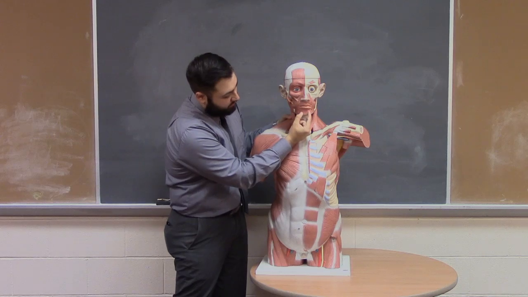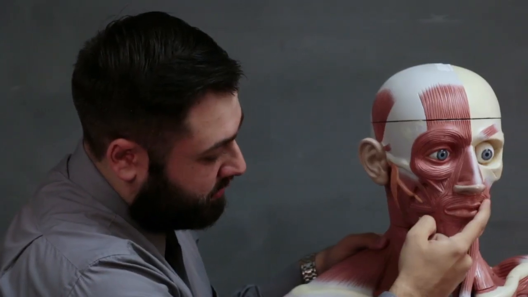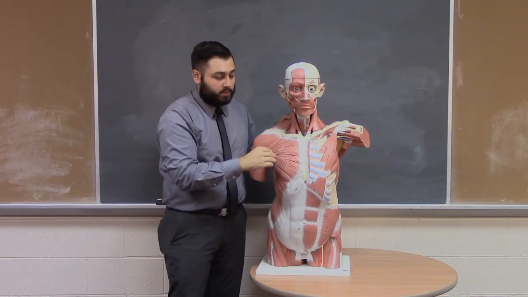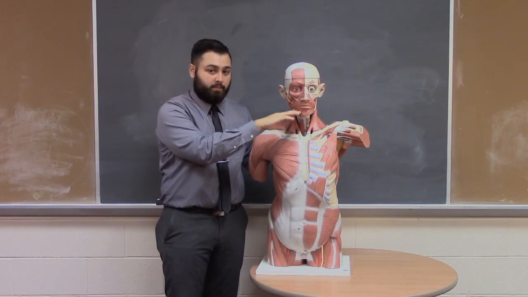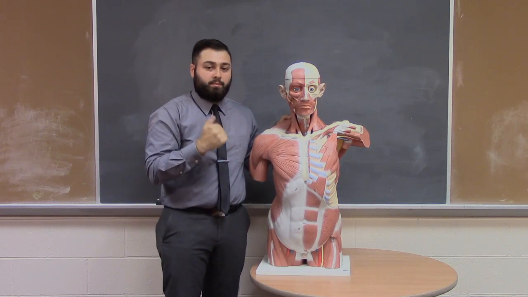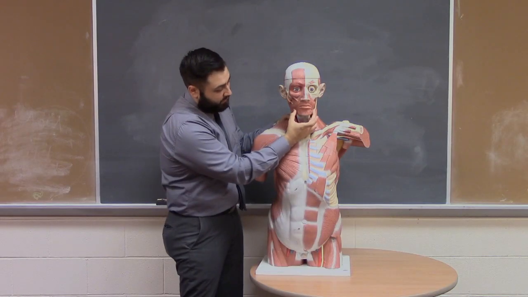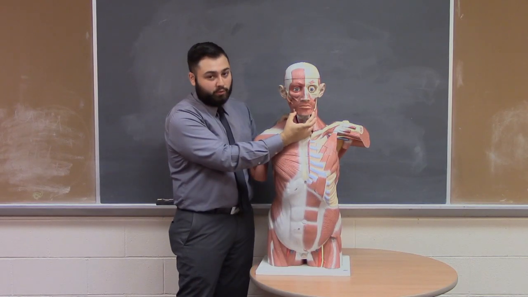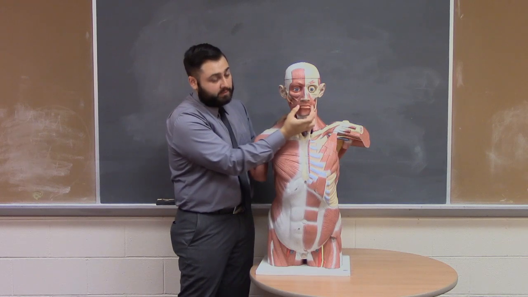Then right here directly below orbicularis oris, we're going to have depressor labii inferioris. That's going to do the same thing but opposite as his brother on top. It does depression of the lower lip specifically, so like that. Next to that, we have depressor anguli oris. That's the frowning muscle.